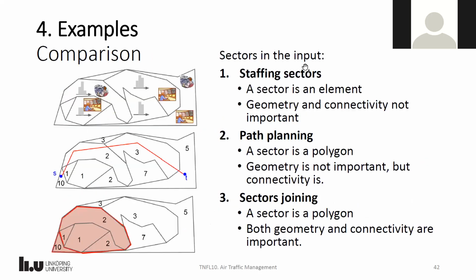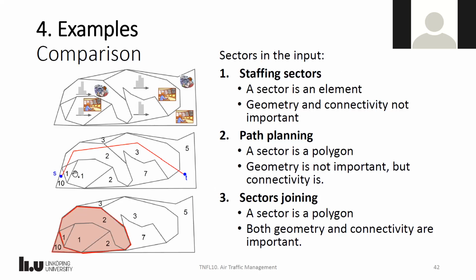Well, comparing these three problems, all three of them have sectors in the input, but they are treated differently. For example, in this one over here, the sector is an element, and the geometry is not important at all. We just need the number of sectors, and that's it, and the probabilities in each sector, and the connectivity is also not important. In the path planning problem, the sector is not an element anymore. It is given by a polygon.